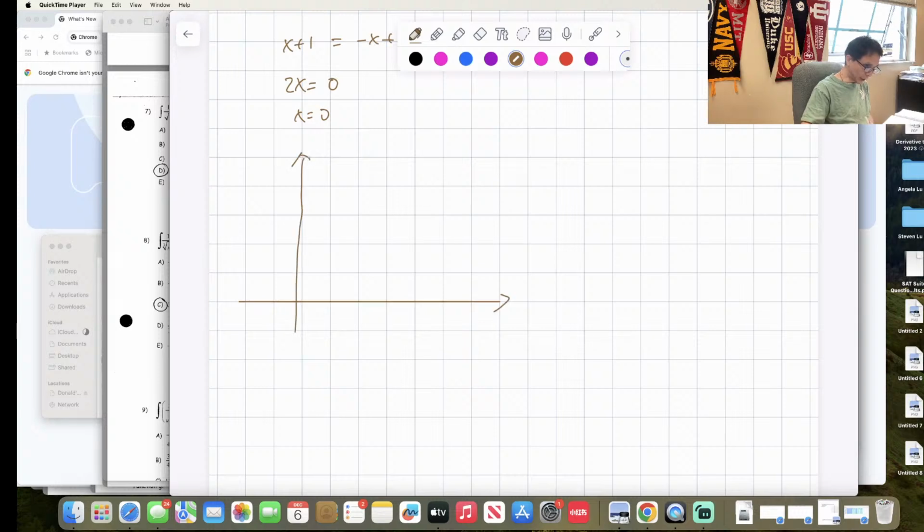So 59, it says y equal to 2 to the x, right? Now, if you realize x equal to 2 to the y, it's the inverse function. So if the normal coordinate is going to be like this, this is 2 to the x.